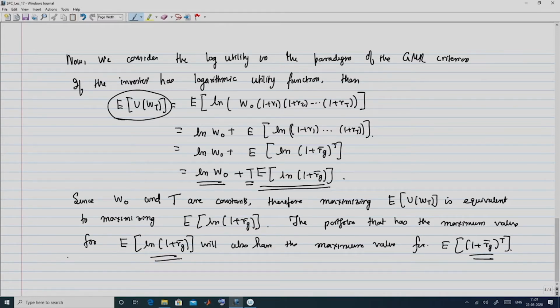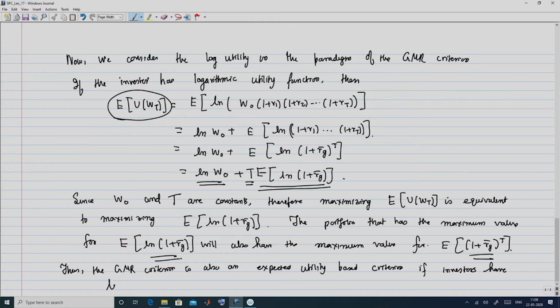So, thus the GMR criteria is also an expected utility based criteria if investors have log utility functions.